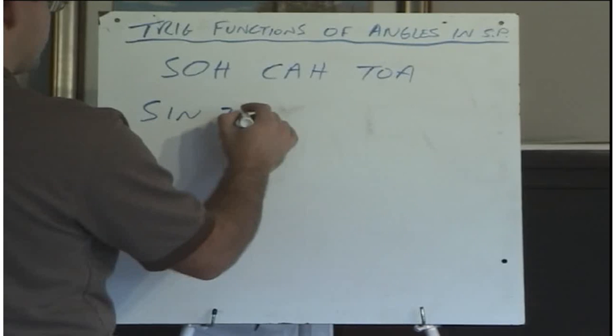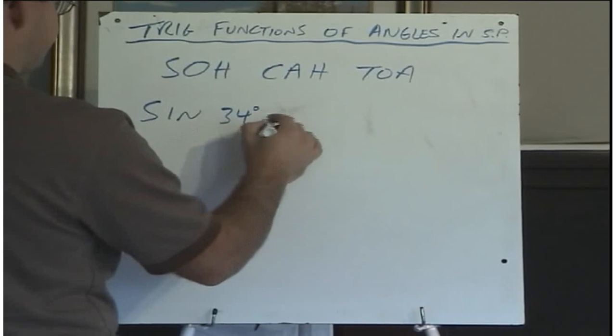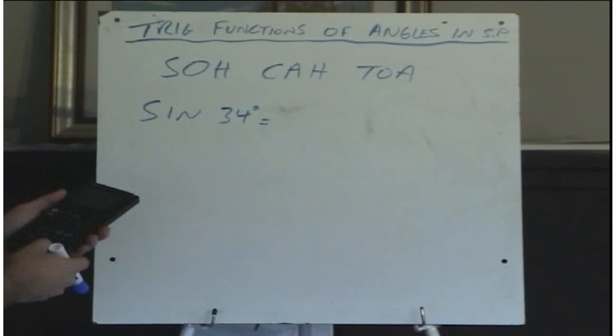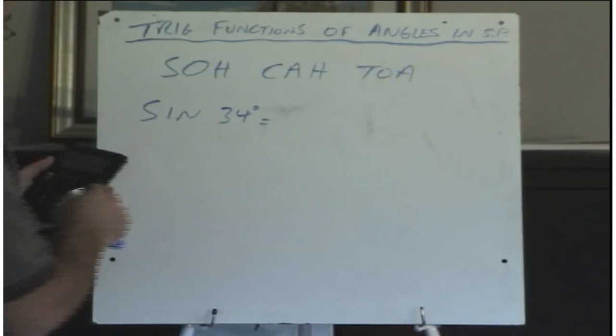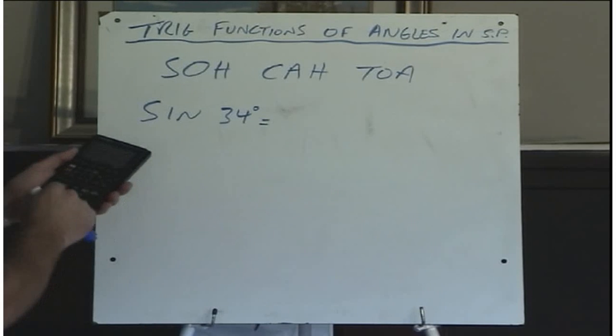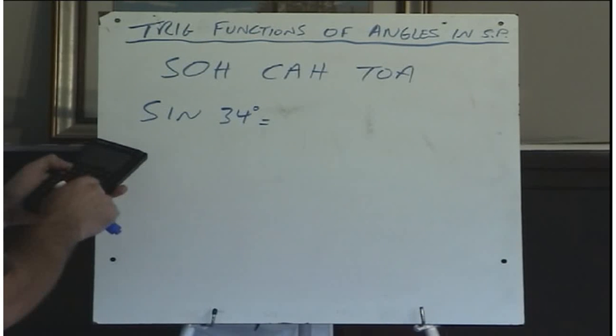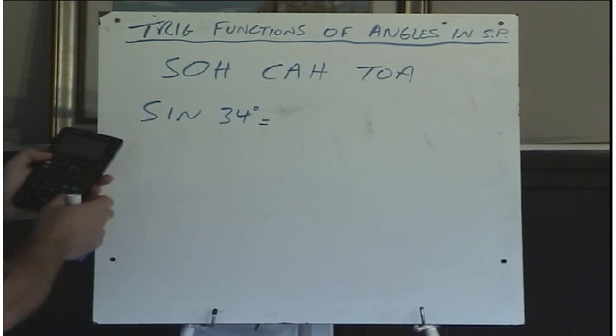Say we had to do the sine of 34 degrees. Remember, we just take the calculator, and if we want to know the sine ratio of 34 degrees, then we can simply enter sine 34 on the calculator. We need to make sure that the angle is set up in degrees.